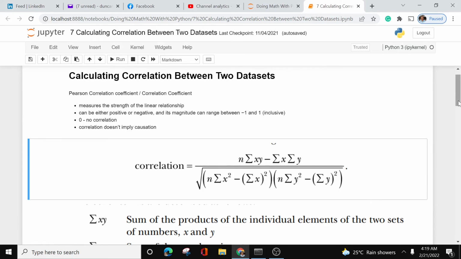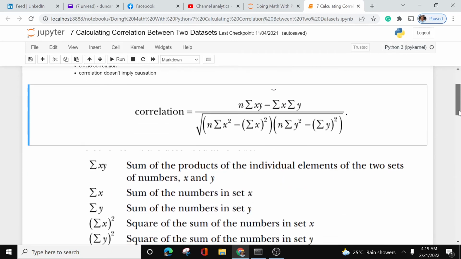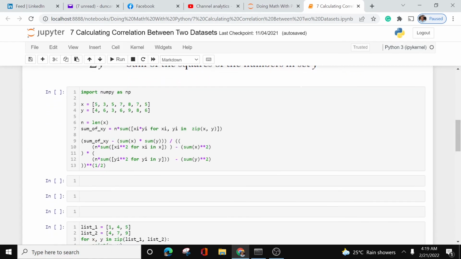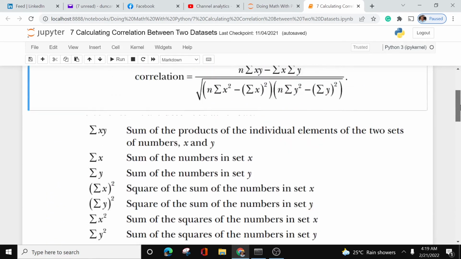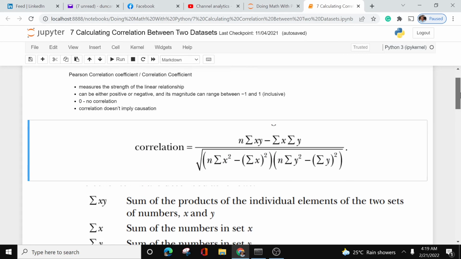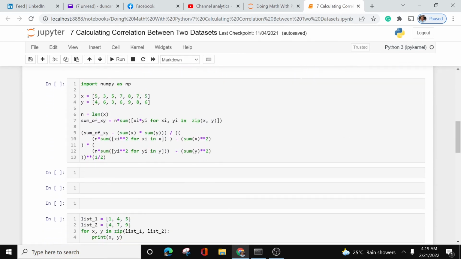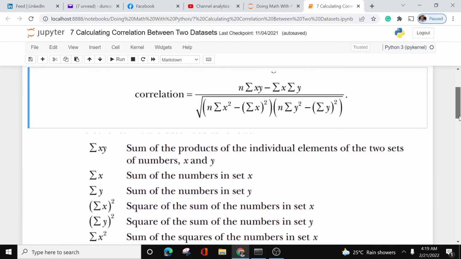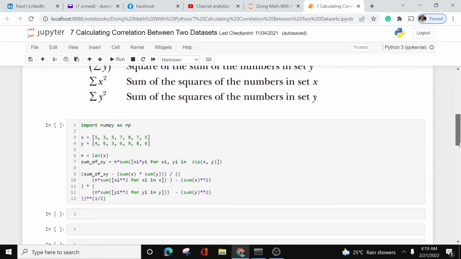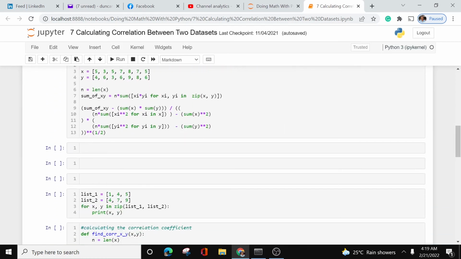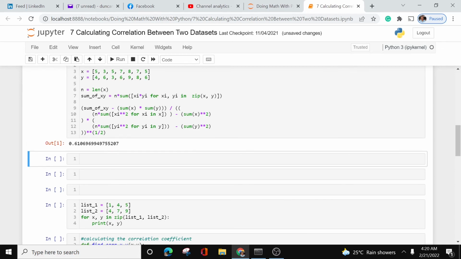How do we do that? We do that per element. This one is for this part of our equation, and this one is for this part of our equation, and then we get the square root by raising everything to the power of 1/2. So we are going to execute this, and there you go, guys.